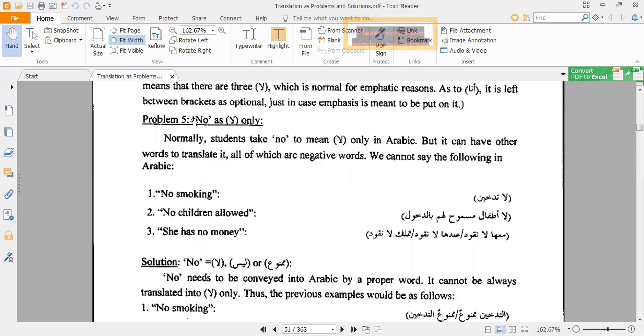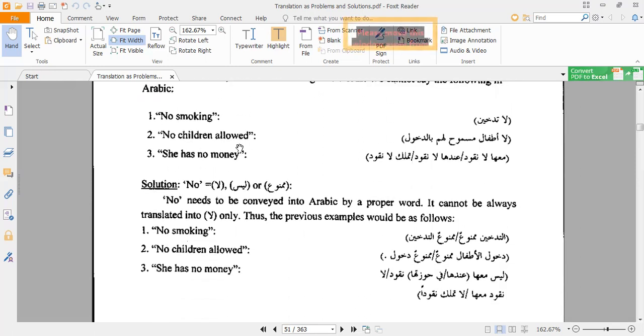Sometimes we need to adapt to the context to give a more comprehensible translation, one that respects the rules of the Arabic language, the grammatical rules, the context, and also the stylistic rules, and so on. So not all the time is not or no rendered as لا.